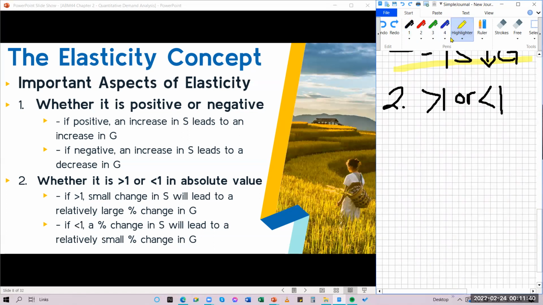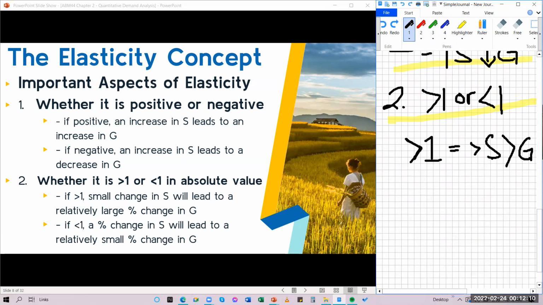So for the second aspect, we need to know whether it is greater than 1 or less than 1. So let's solve this one. The first one is if it is greater than 1, that means a small change in your studying will lead to a large change in your grades.